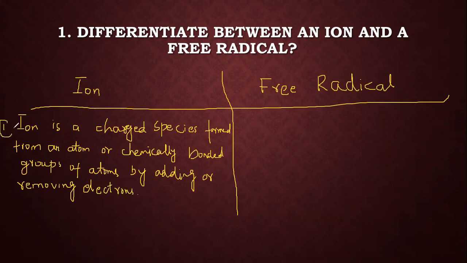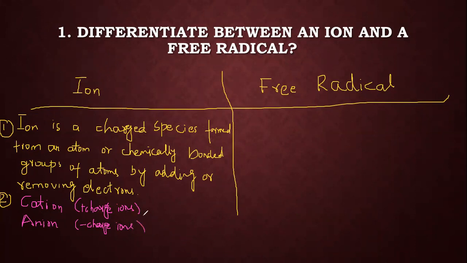An ion has two major classifications. First is cation and second is anion. So what is cation and what is anion? Cation is a positive charge ion, and anion is a negative charge ion.